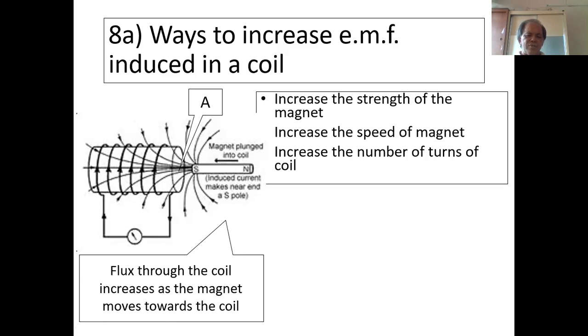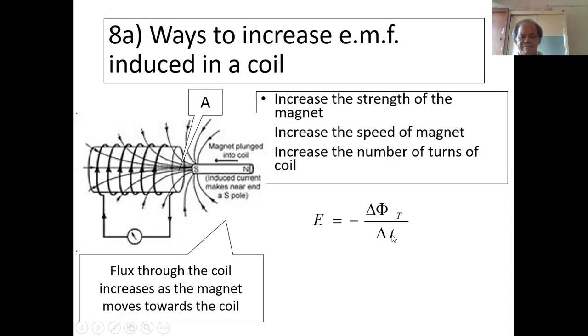Flux through the coil increases as the magnet moves towards the coil. Remember the magnetic flux density is non-uniform. Far away, there are fewer lines; nearer, there are more lines. As you push in and in, more flux will be cutting the coil, so there's a greater change. We are just trying to illustrate Faraday's law.